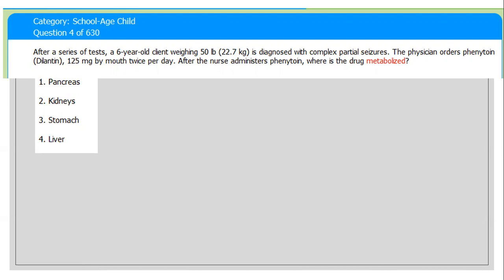What is a seizure? Keep in mind, a seizure is a sudden, uncontrolled electrical disturbance in the brain, and it can cause changes in the patient's behavior, movement or feeling, and in the level of consciousness.